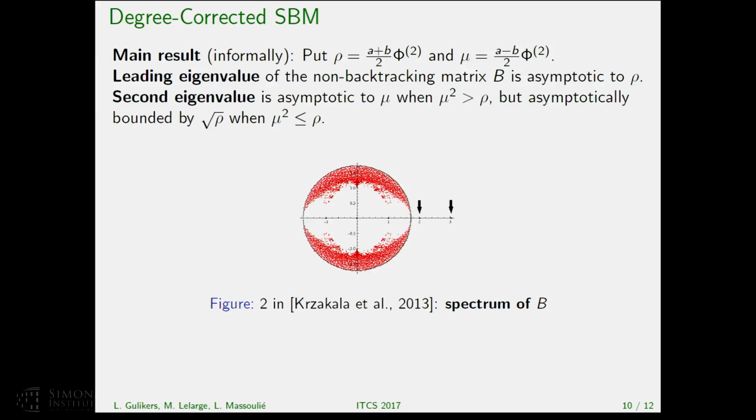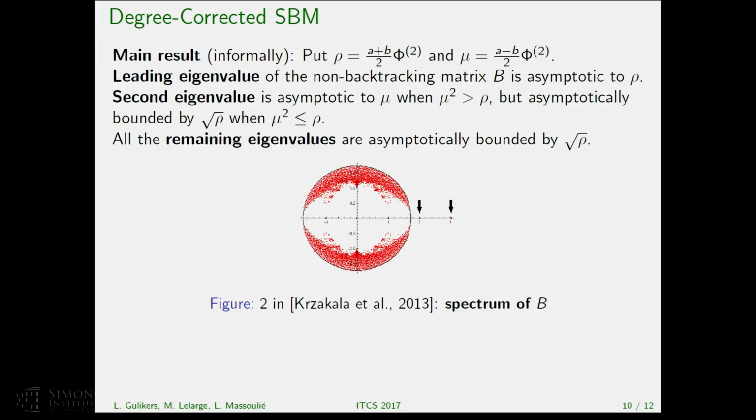To say something about the second eigenvalue, we have to distinguish between two cases. When mu squared is larger than rho, then our result says that the second eigenvalue is asymptotically equal to mu. But otherwise, when mu squared is smaller than rho, it turns out that the second eigenvalue is bounded by the square root of rho, so the square root of the leading eigenvalue.